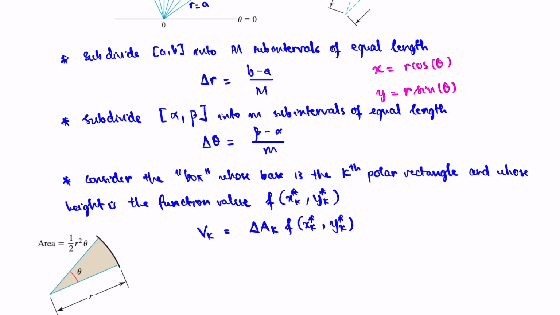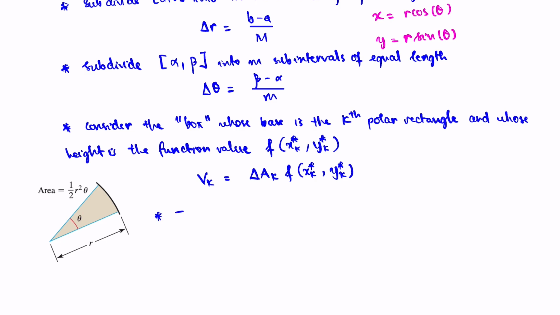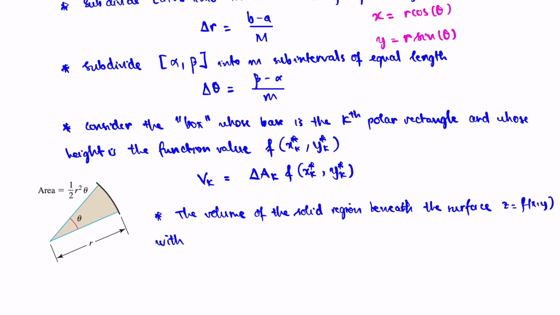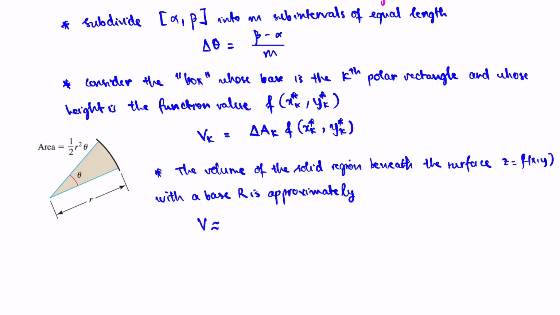Therefore, the volume of the solid region beneath the surface z equal to f of x, y with a base R is approximately equal to the summation of f of x_k star, y_k star times delta A_k for k going from 1 to n.